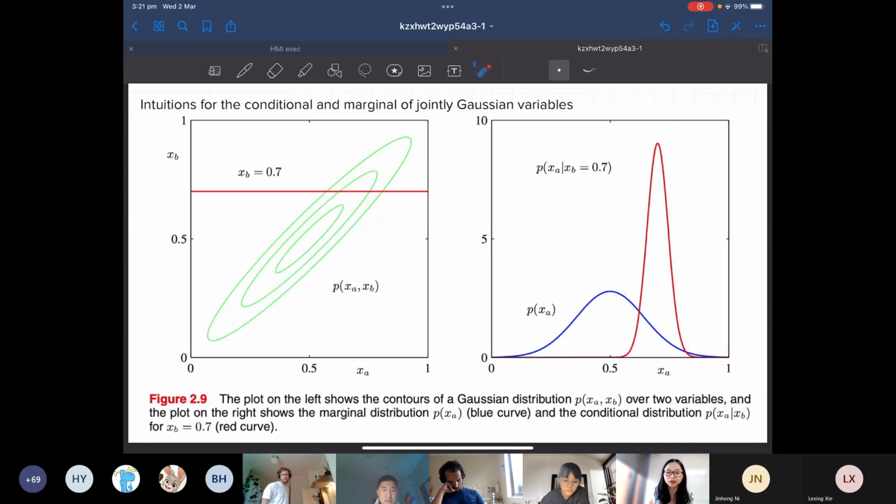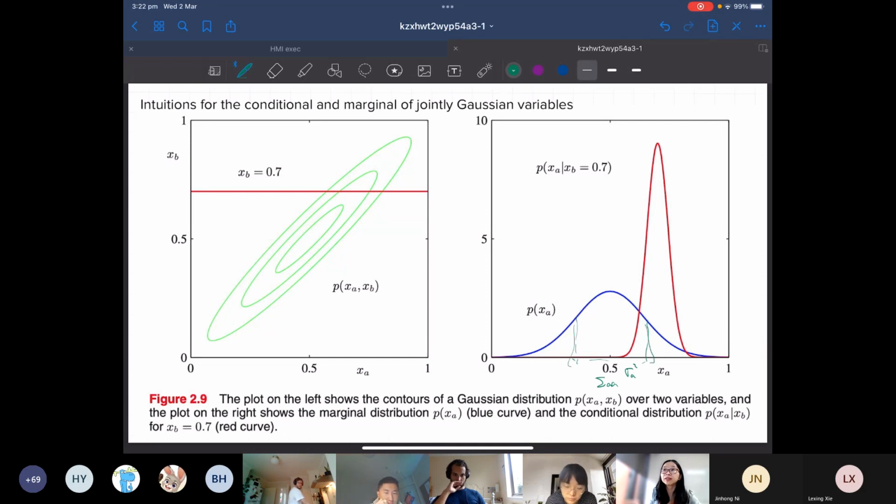The contour lines look like a stretched, rotated piece. We say xa is the x-axis, xb is the y-axis. For example, sigma AA, or in scalar terms sigma squared, the standard deviation of the variable A, is here.